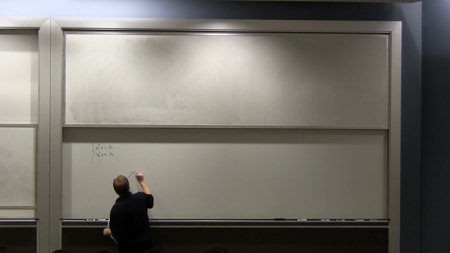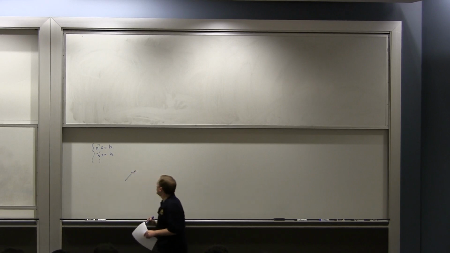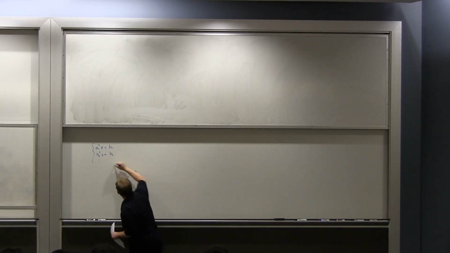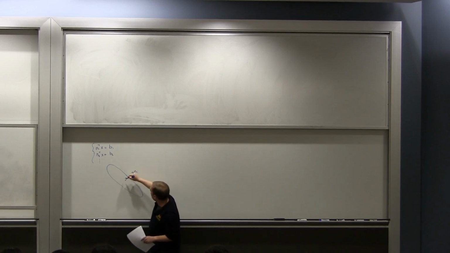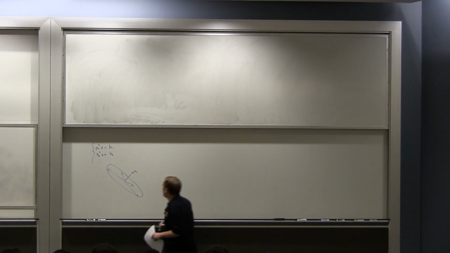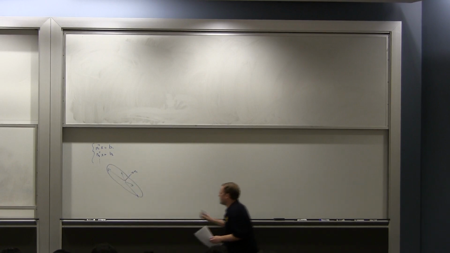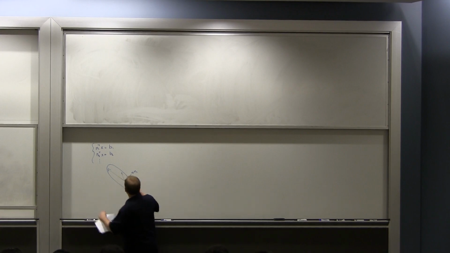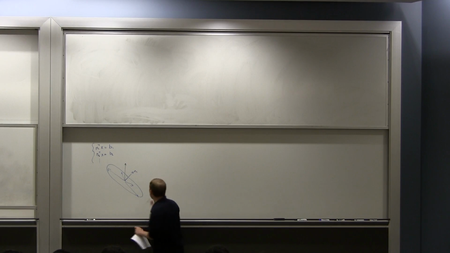So if this is one of our hyperplanes, this is one of our vectors, the solution to this first equation is the set of all vectors which are perpendicular to n1. If I add in another normal vector, let's say this one, that's going to give me another hyperplane, which looks something like that.